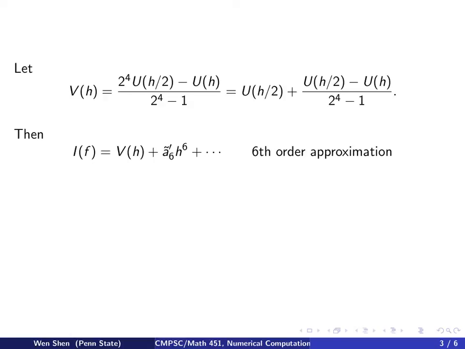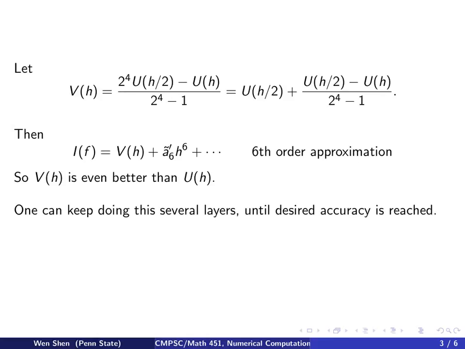Then we have the integral equals v(h) plus something that starts with h to the 6 as the leading term. So this v here actually becomes a 6th order approximation. Wow. One has to say v is now way better than u, because u was only 4th order.